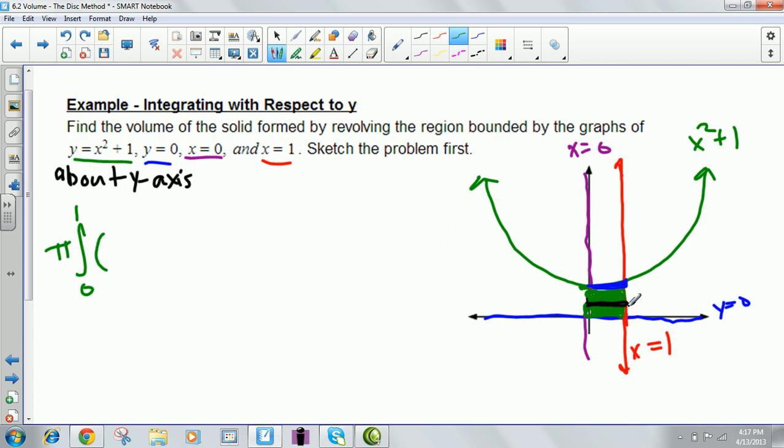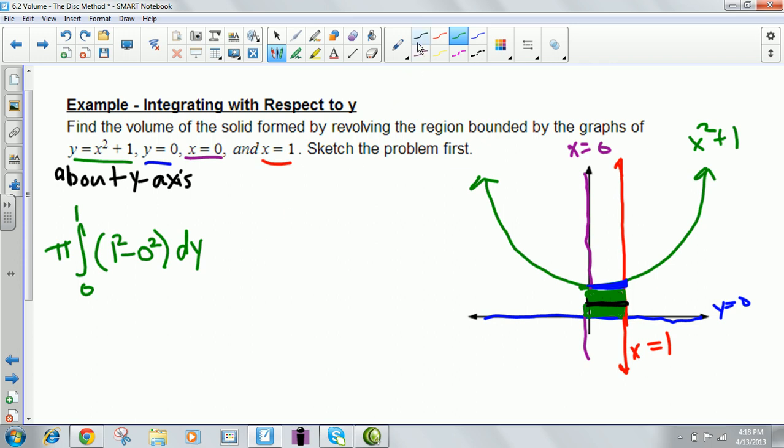So your rightmost function minus your leftmost function. Your rightmost function is x equals 1, so that's 1 squared. Your leftmost function is x equals 0, so that's 0 squared. And this is with respect to y, so these are in terms of y. That's your first integral.